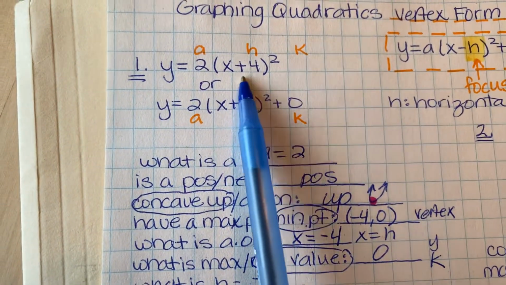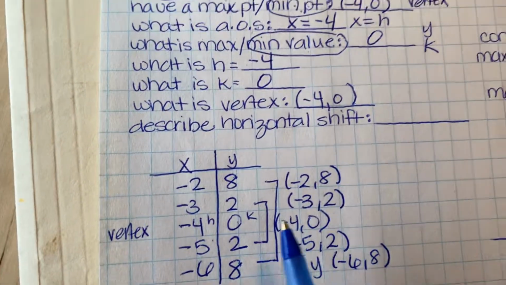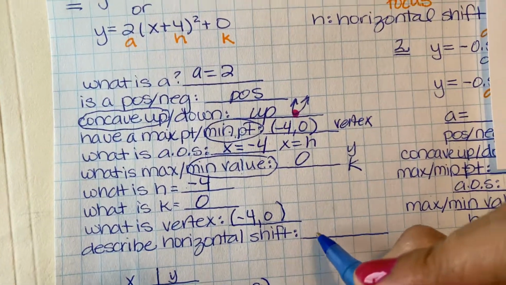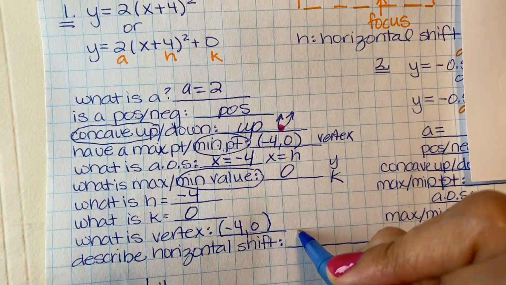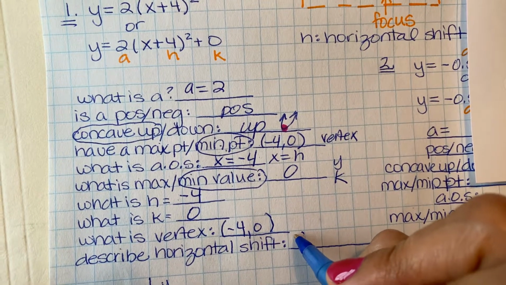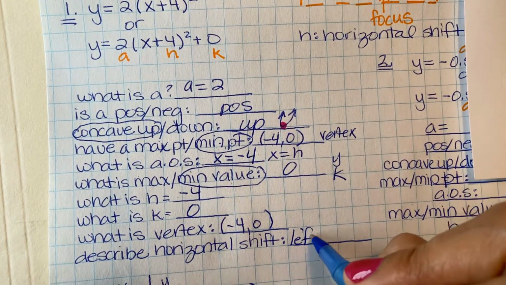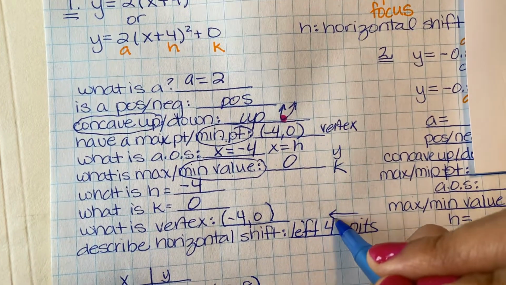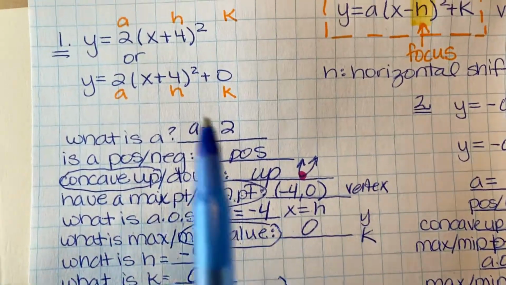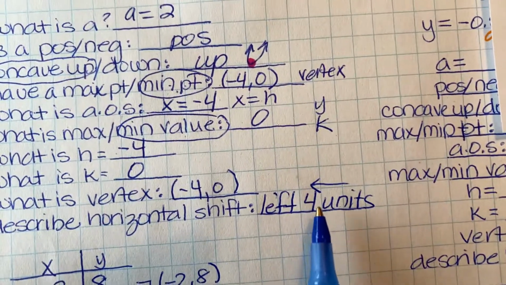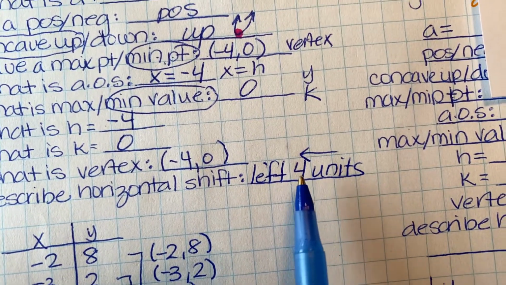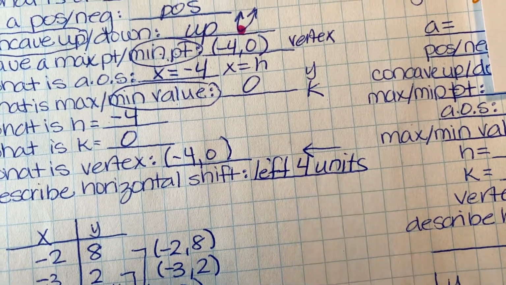So when you see a positive, what is your horizontal shift? We are moving left 4 units. We are going in the left direction, because even though you see a positive, because of ZPP you go opposite, so it would be negative 4, and we're shifting 4 units to the left.